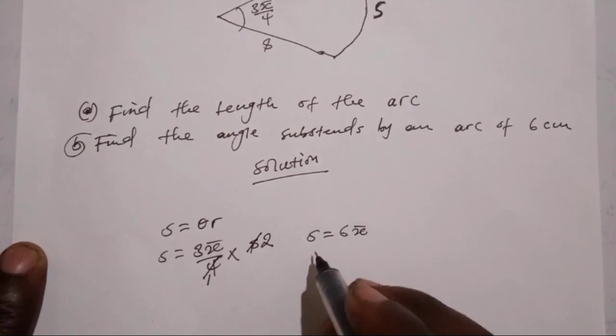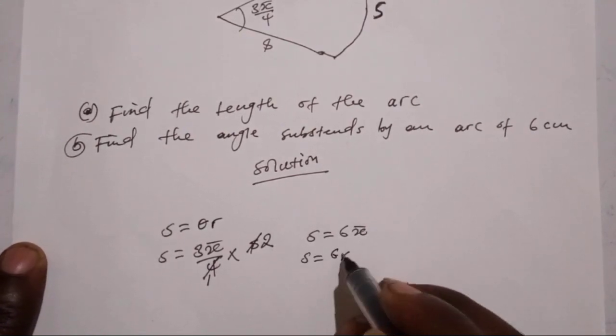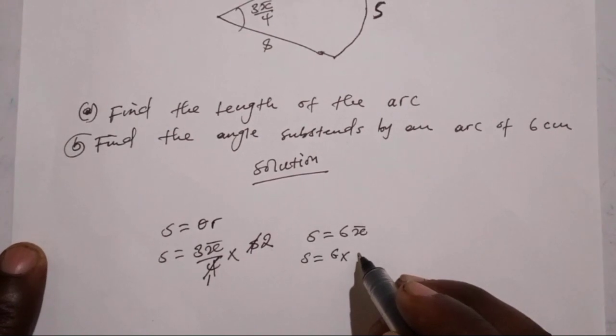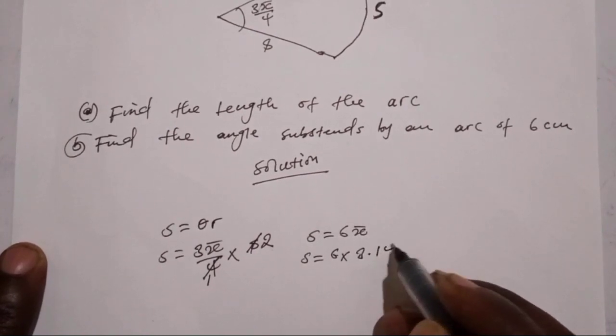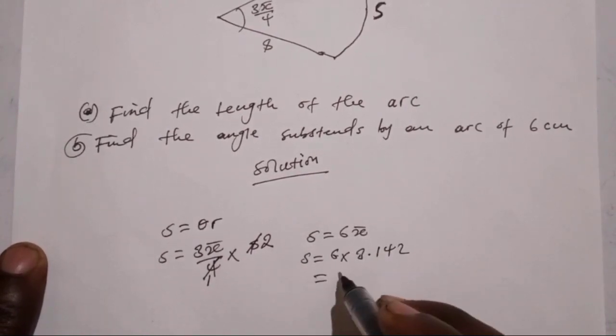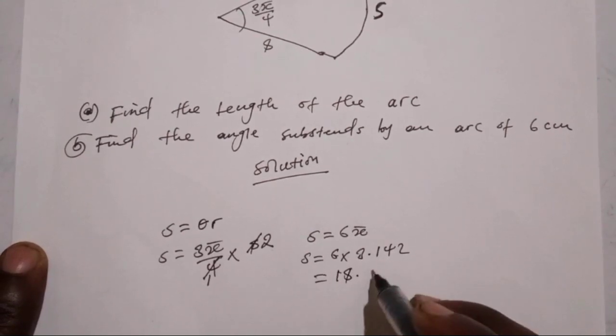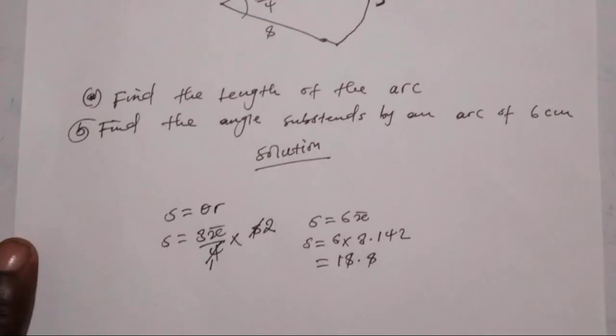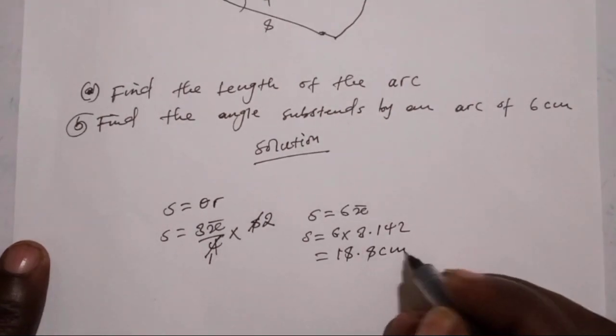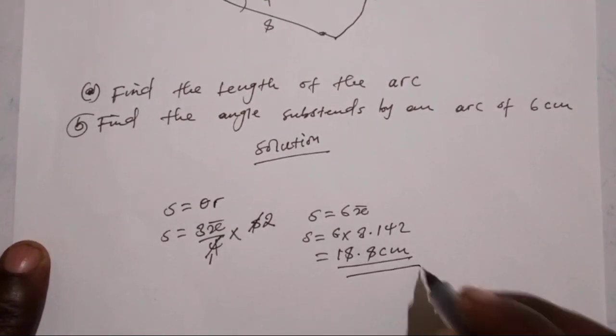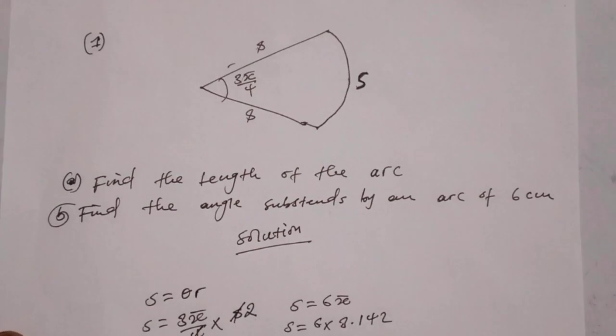And if you simplify this, S equals 6 multiplied by 3.142, to be 18.8 centimeters. So this is the length of this arc.